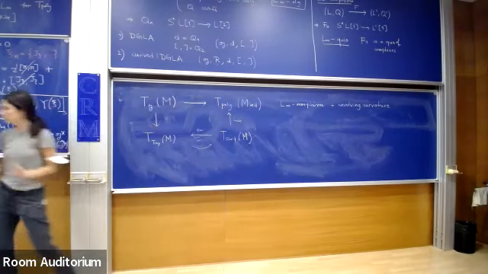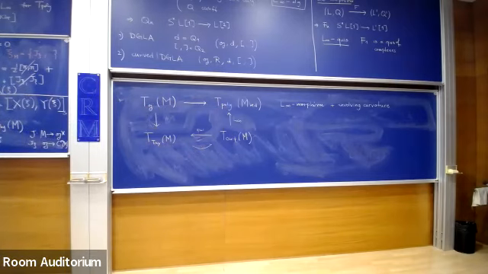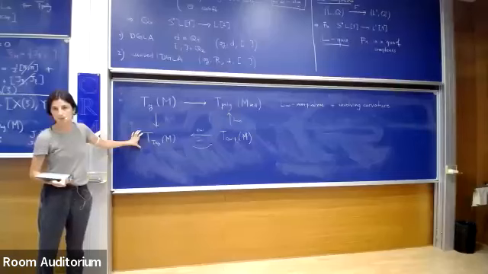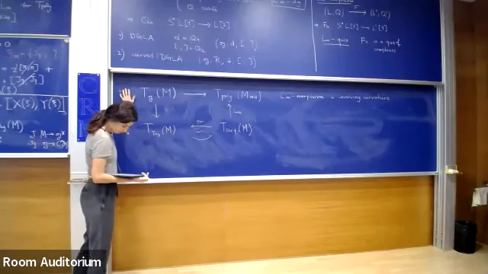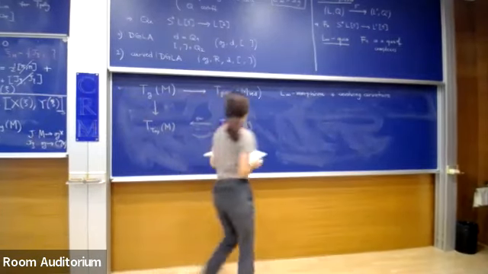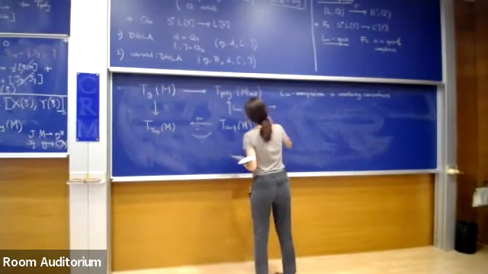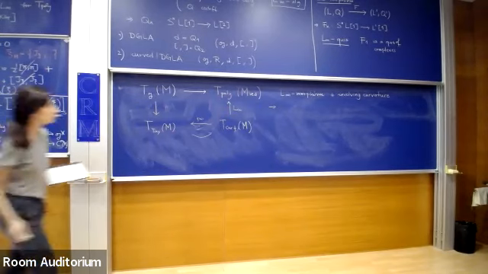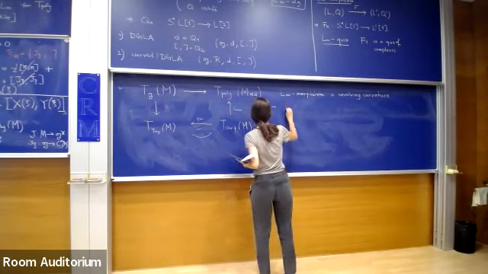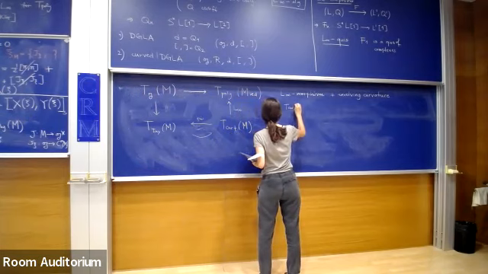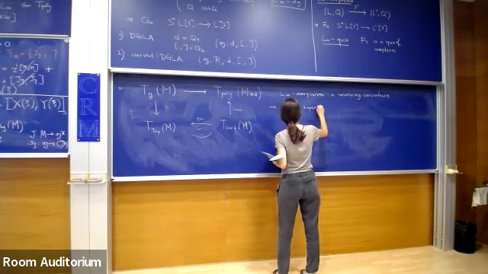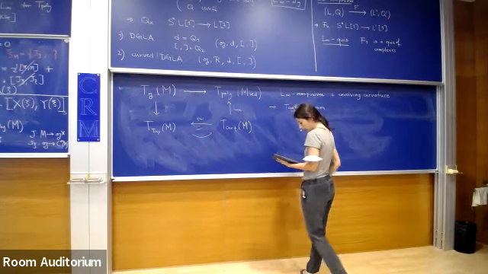Okay, so the first one is rather easy and is called T because it's essentially a Taylor expansion. What's the idea?